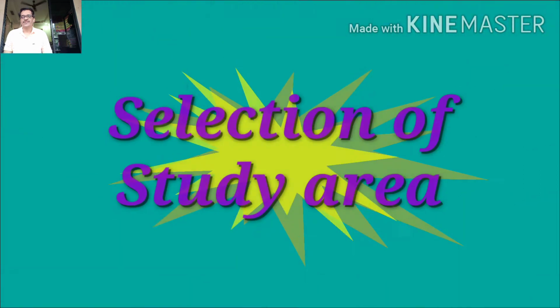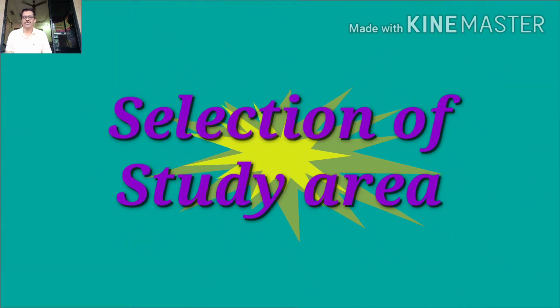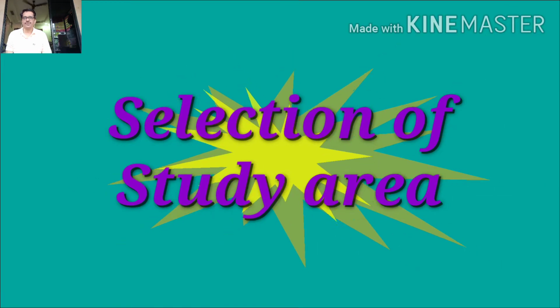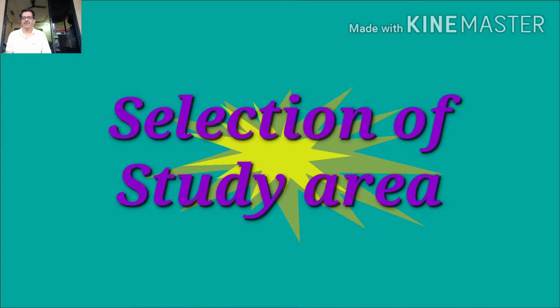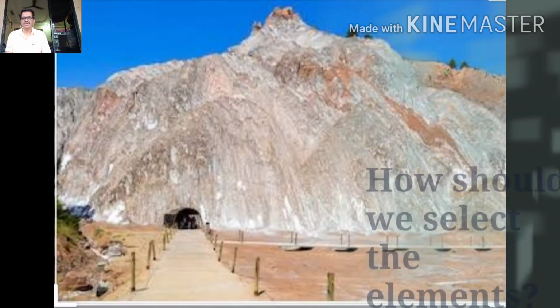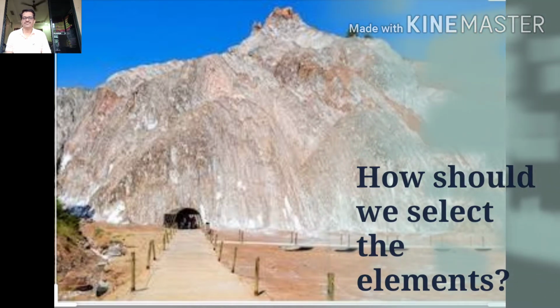Now the next point is selection of study area. What do we have to do here? We have to select one particular area for the study of various elements. And how should we select the elements?